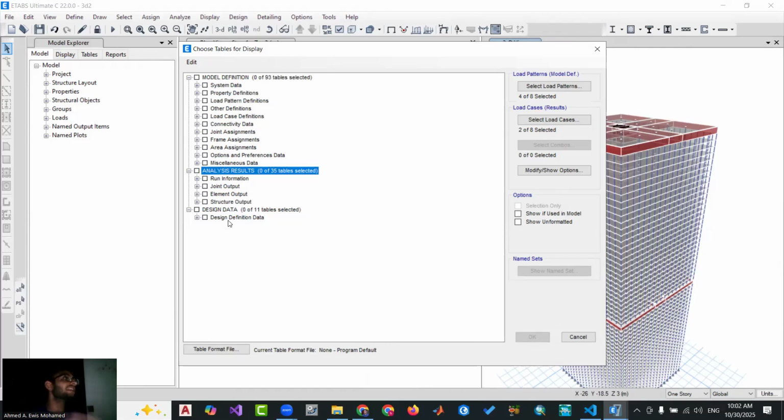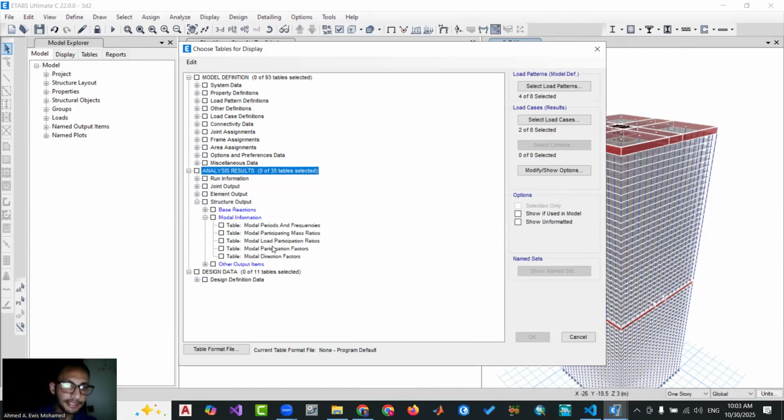Here you can extract any table for anything you want. So here we will go to structure output and go for model information. And here there is something called modal participation mass ratio.